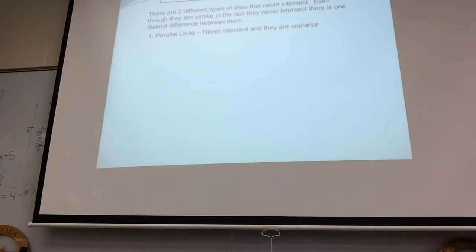The other word, which is skew, again, these are lines that don't intersect, but now you're into a three-dimensional situation where you've got them passing over top of each other. The way you would essentially test this is, if you see two lines that look like they're going the same direction and they don't cross, they're parallel.